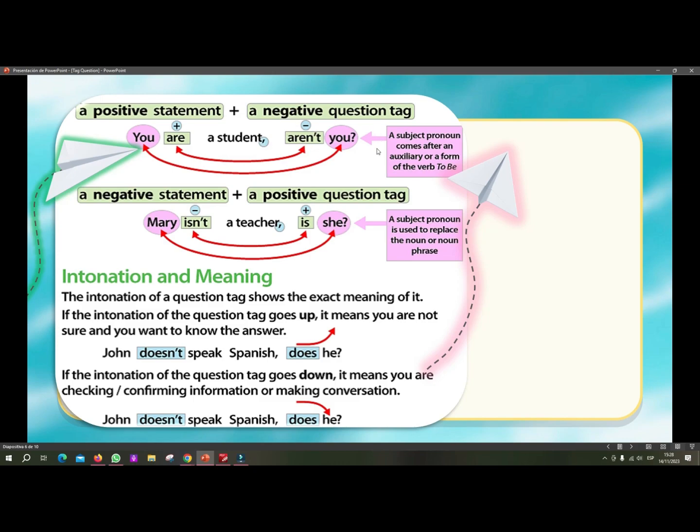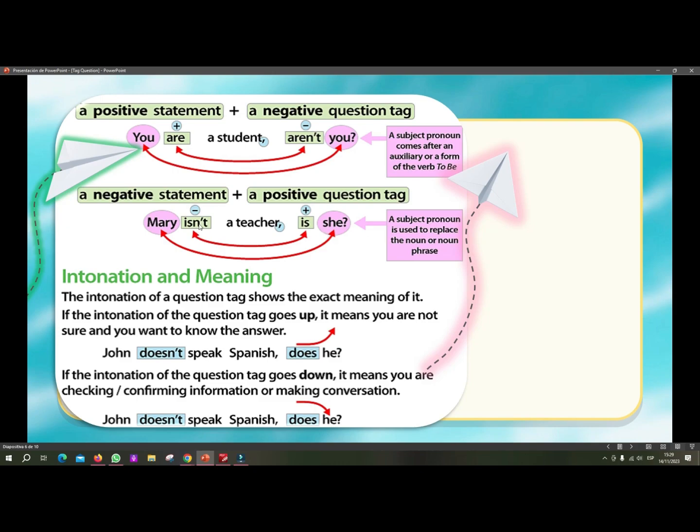A subject pronoun comes after an auxiliary or a form of the verb to be, right? But what happens if you have a negative statement? Negative statement plus a positive tag question. Mary isn't a teacher, comma, is she?